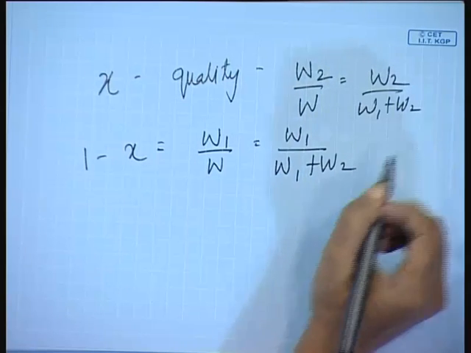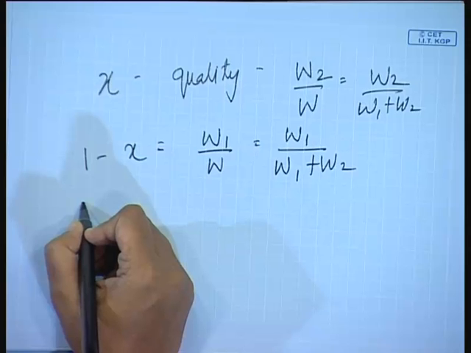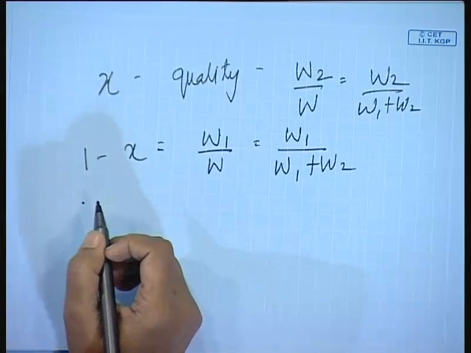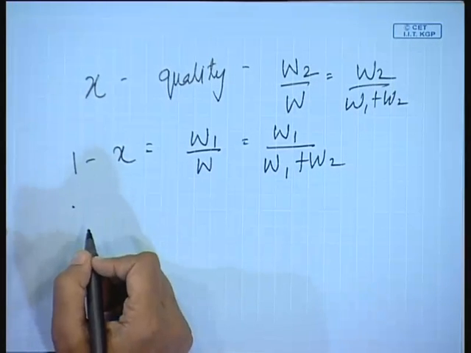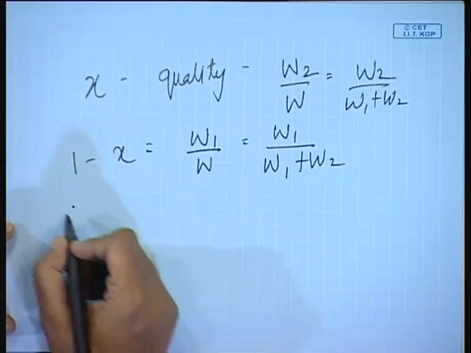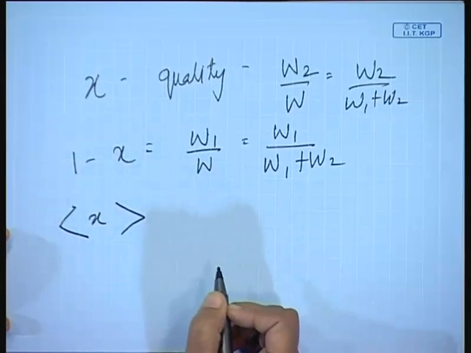So, we can also write certain other equations, and just as I have told you for the void fraction, in this particular case also remember that there can be temporal variations, there can be variations across the flow. So, when we are talking about quality, usually we refer to the averaged values.